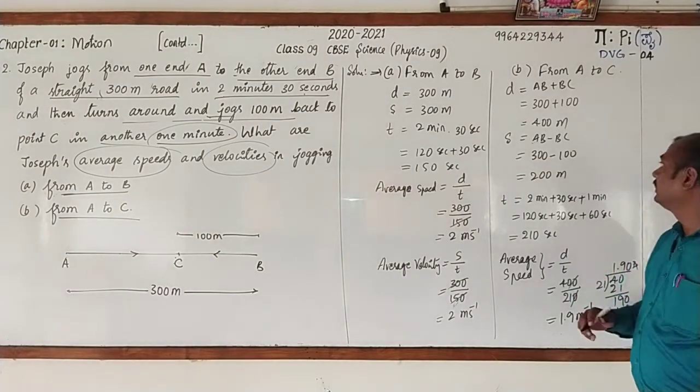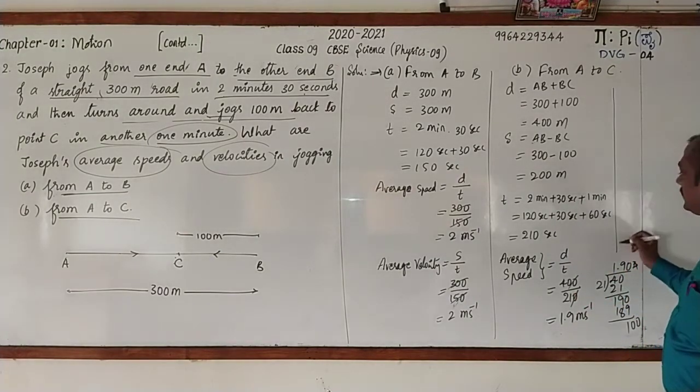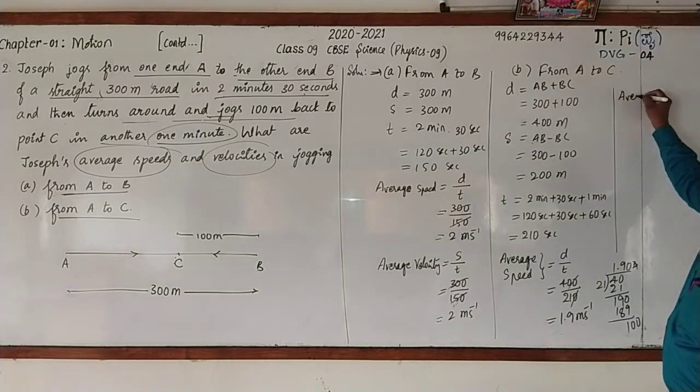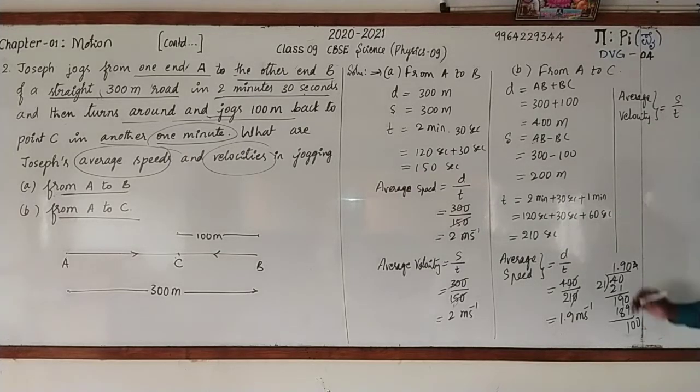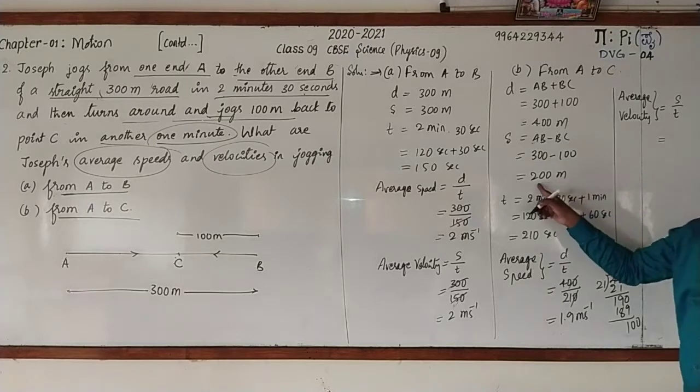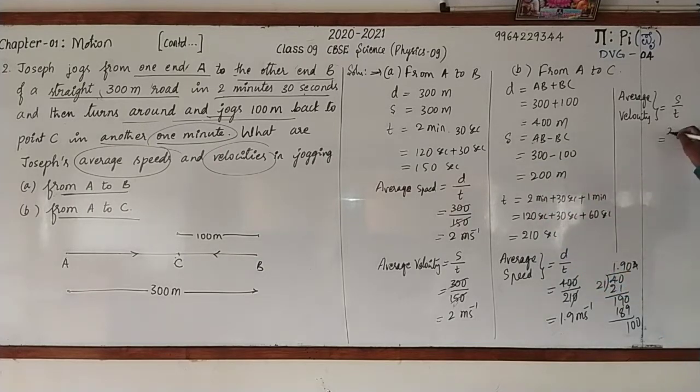Got it? Next. We have to find out average velocity, where average velocity is total displacement by total time taken. What about the total displacement? It is 200. Time taken 210. The zeros again get cancelled. 20 by 21.